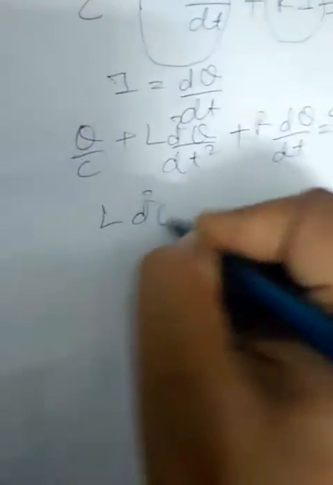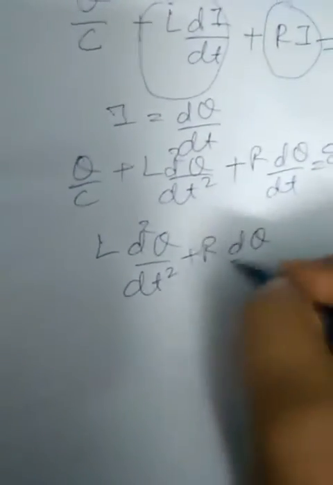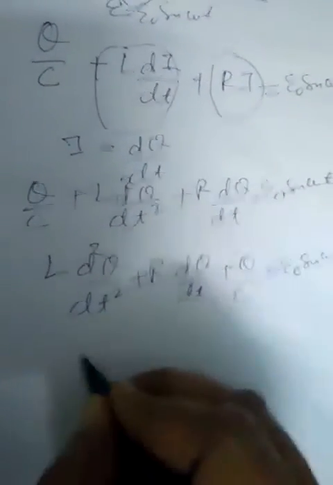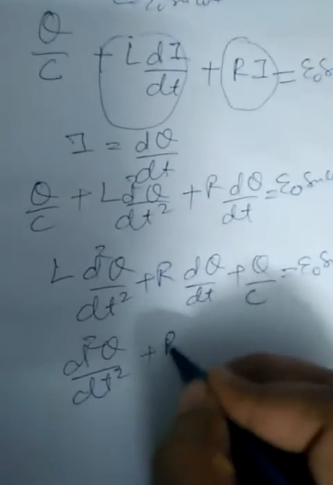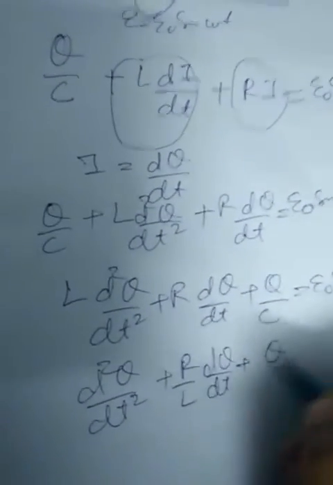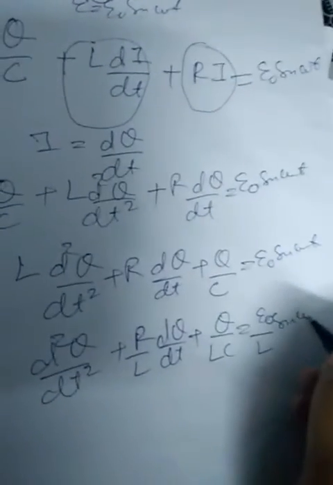So it will be L d2q by dt square plus R dq by dt plus Q by C is equal to E naught sine omega t. Now divide both sides by L: d2q by dt square plus R by L dq by dt plus Q by LC is equal to E naught by L sine omega t.